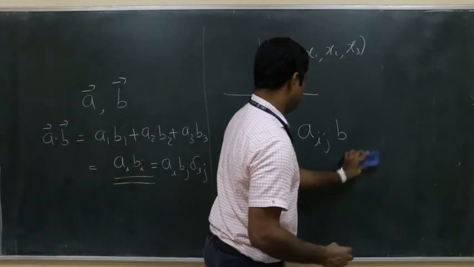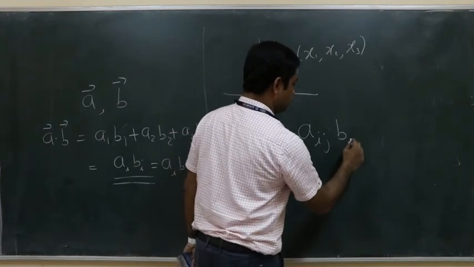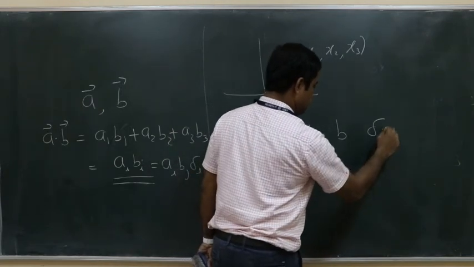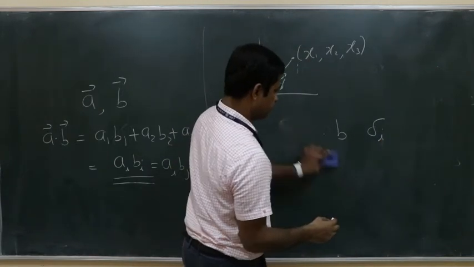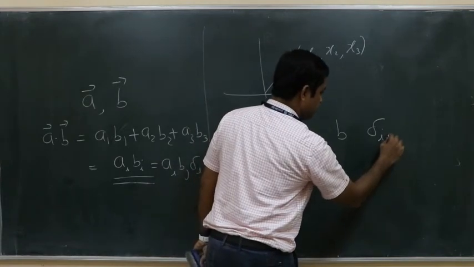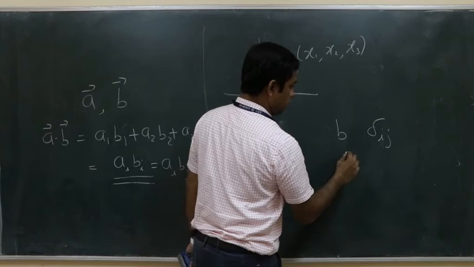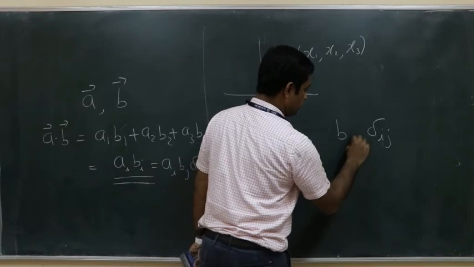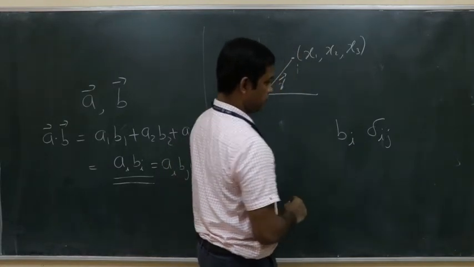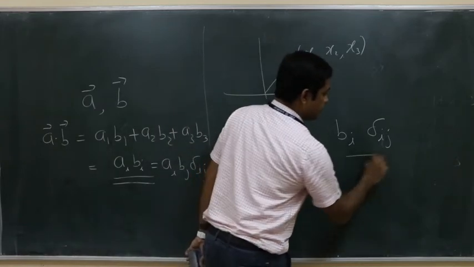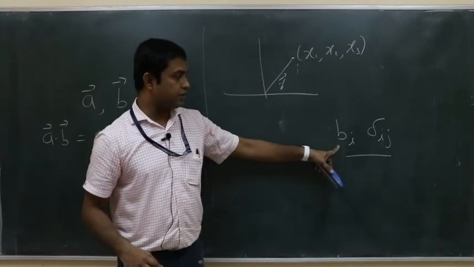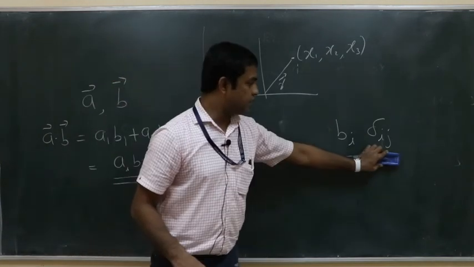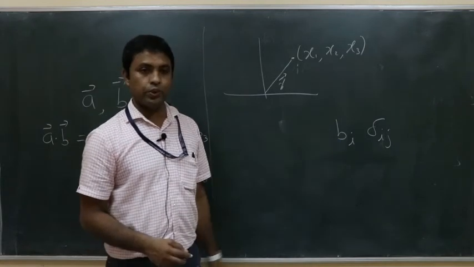Now I will write down this delta. I just want to have a delta I B. Okay, so let us look at this. How many terms are there in this? 3 terms, right?